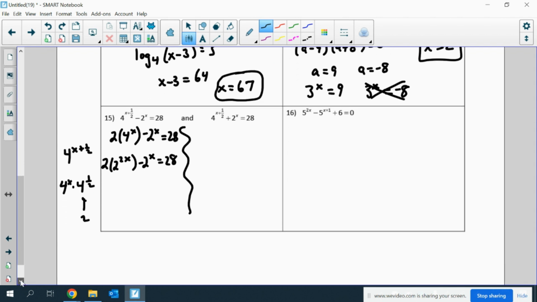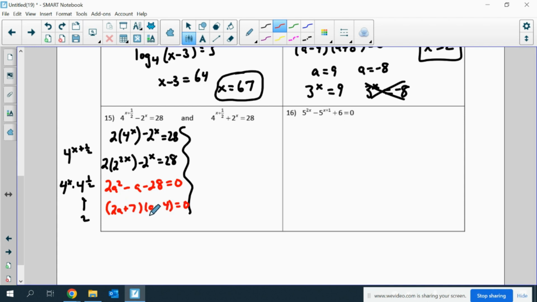So I have 2a squared minus a, and then subtract 28 from both sides, set it equal to 0. Then I factor. So I have 2a minus 4, and plus 7 is my number.